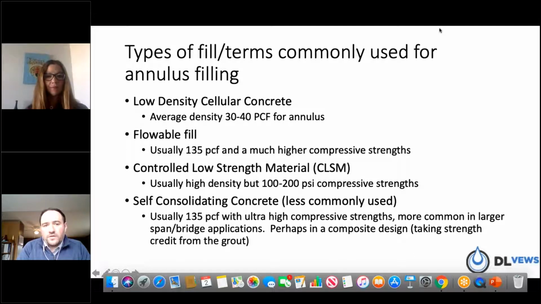But here in the Northeast, these are somewhat common, with the most common being at the top, right? So cellular concrete and flow fill, as we've discussed, are two very commonly used ones. CLSM is another term that falls in that flowable fill family. Controlled low strength material is what they call that.